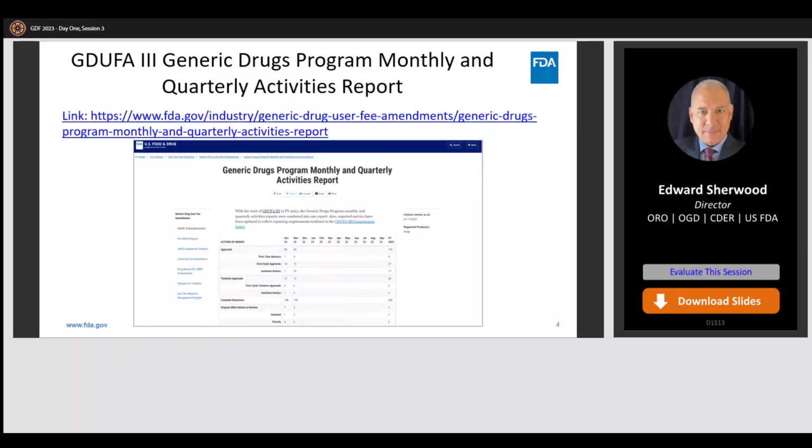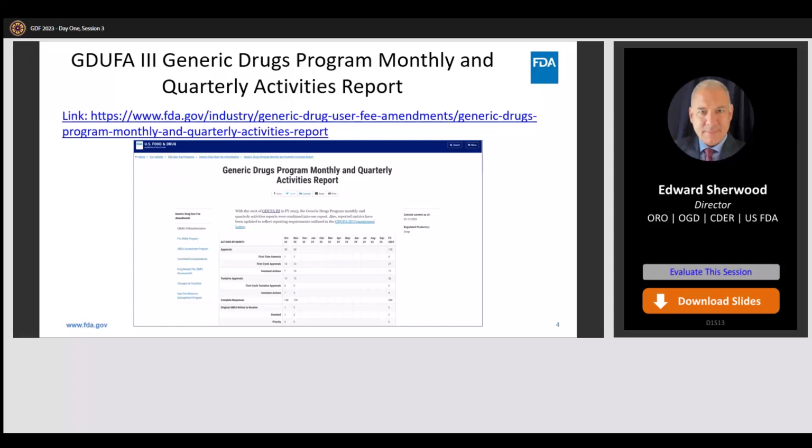Also, the data presented in this public-facing report includes all actions completed during the specified time frame, regardless of receipt date. This is different from the GDUFA Annual Congressional Performance Report, where performance is based on the fiscal year of receipt.